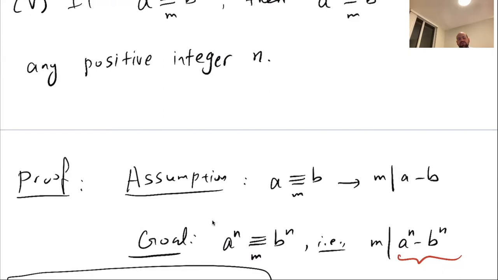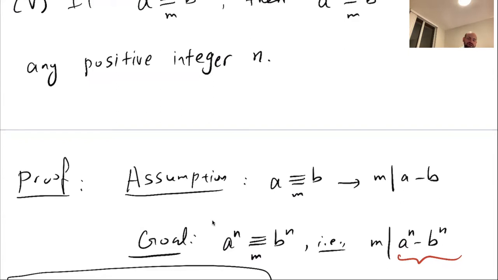Now, can you imagine a multiple of A minus B, which can give you A to power n minus B to power n? Any multiple of A minus B that can give you A to power n minus B to power n?